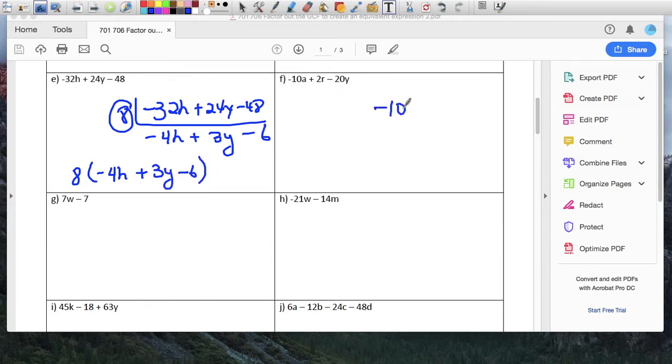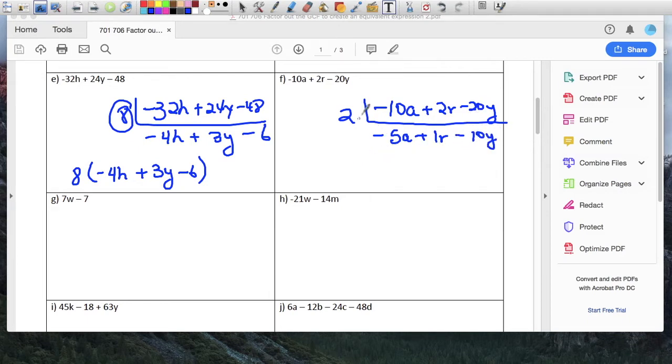Next one is -10a plus 2r minus 20y. And find something in common. So again, it's a 2. 2 goes into 10, -5a, plus 2 divided by 2 is 1r, and 20 divided by 2 is going to be 10, right?